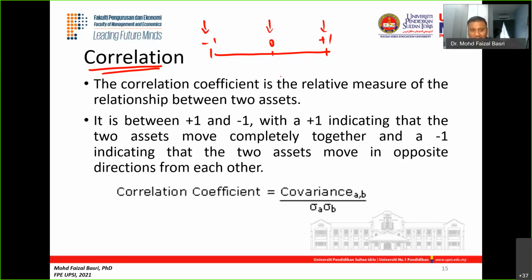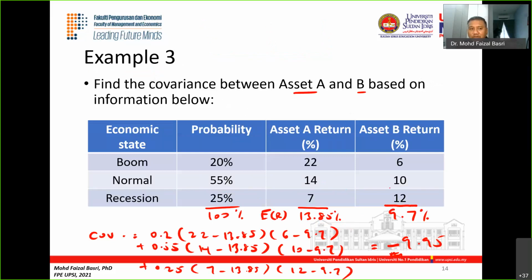So this is the extension of the relationship formula. We use the covariance that we got earlier, but now, in order to find the correlation, we divide the covariance by sigma A times sigma B. Sigma here refers to standard deviation, meaning standard deviation of stock A times standard deviation of stock B. Since we didn't calculate the standard deviation here, we cannot calculate the correlation.